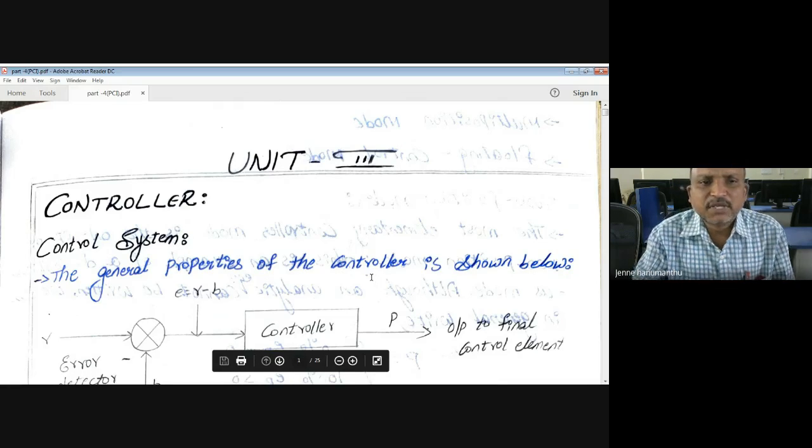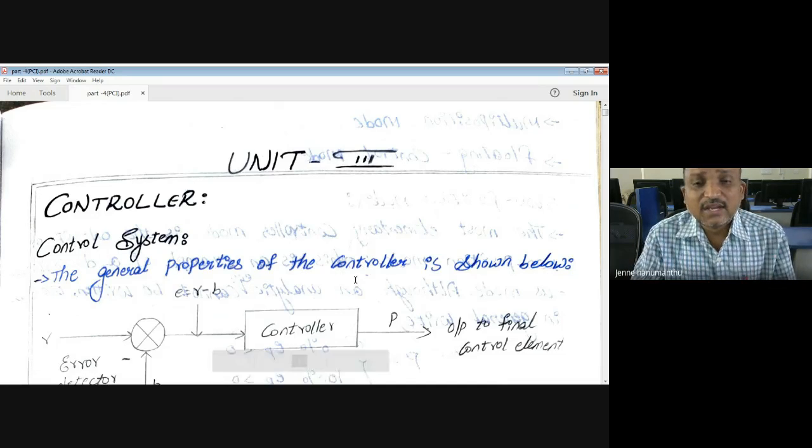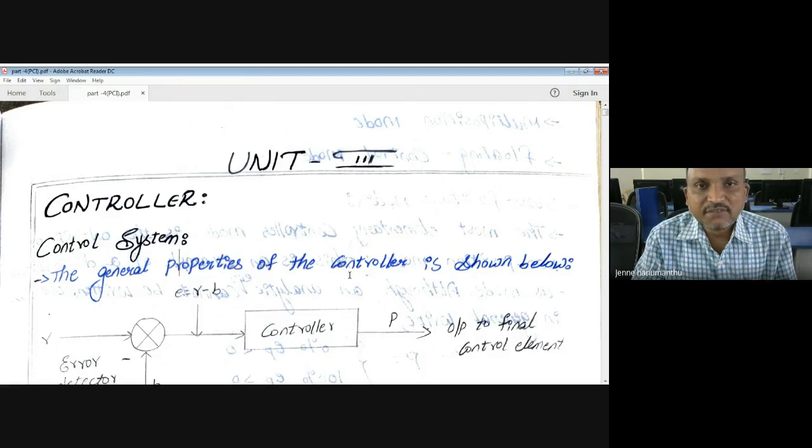In this chapter, basically, we want to know what is a controller and what are its actions. What type of control actions we want to study, which are available in the process industries. So basically the third chapter deals with control actions, right?